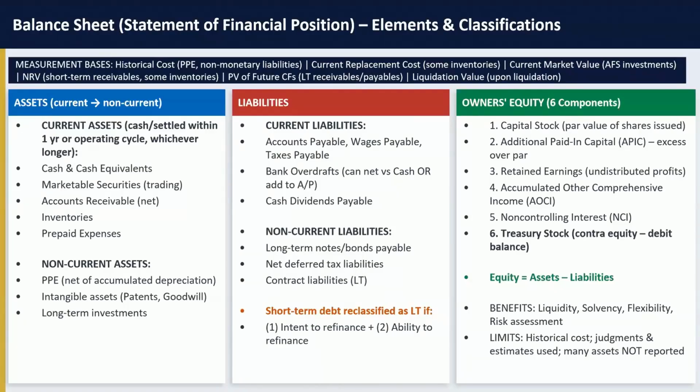Now, there are three important elements in our balance sheet: assets, liabilities, and owner's equity. In assets, we have two categories: current assets and non-current assets. Non-current assets, you can also call fixed assets. In the current assets, majorly you will be finding five categories: cash and cash equivalents, marketable securities, that means trading securities, which you don't intend to hold.